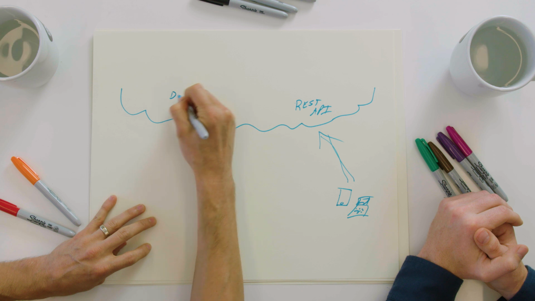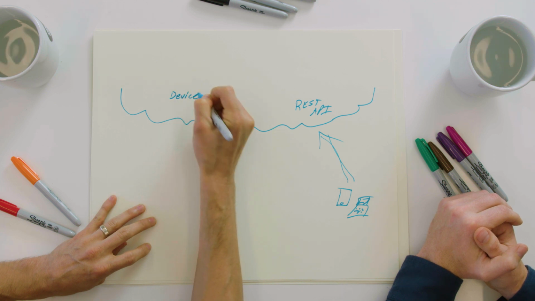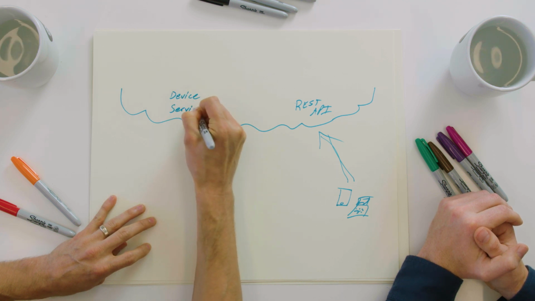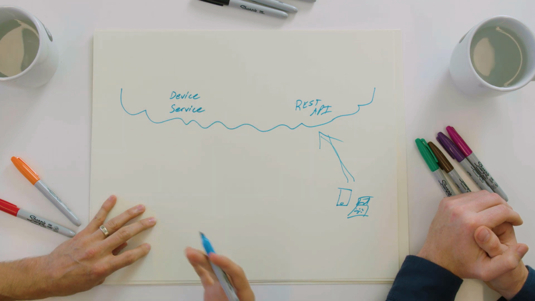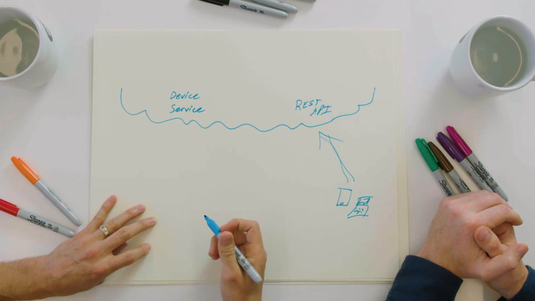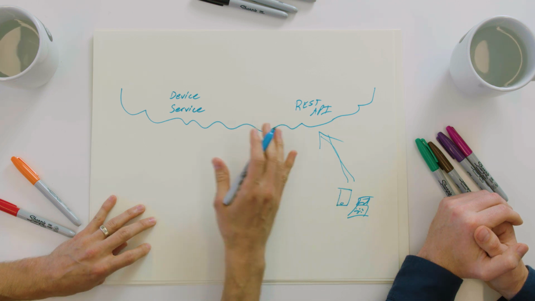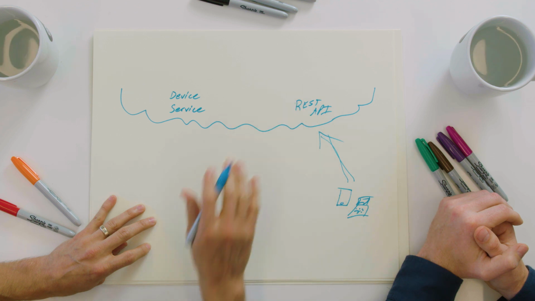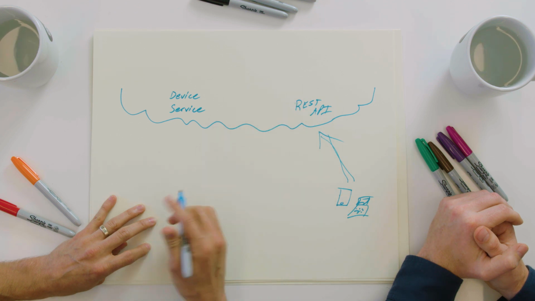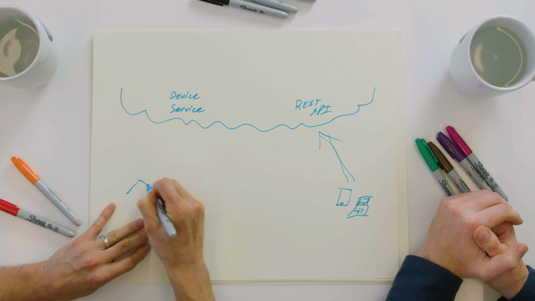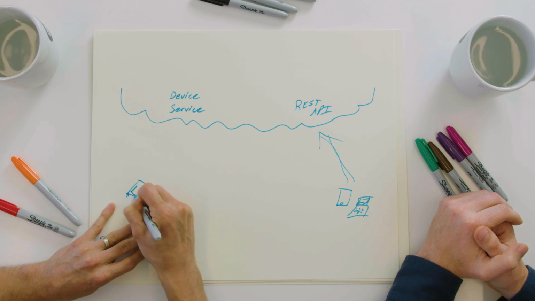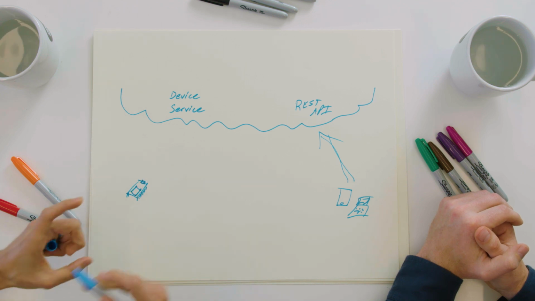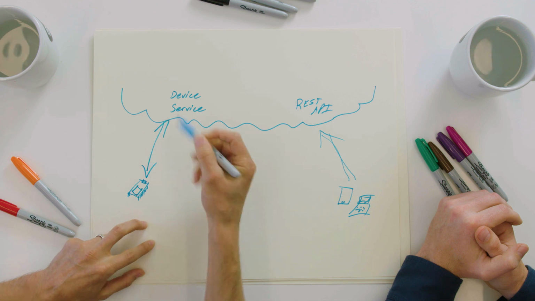So we have a thing that we call the device service, which is the main unique differentiating thing about Particle. It does similar jobs to how an external device talks to the Particle cloud as a REST API, but this is for little things that maybe look like this. And it allows for bidirectional communication, which is not true for everyone.